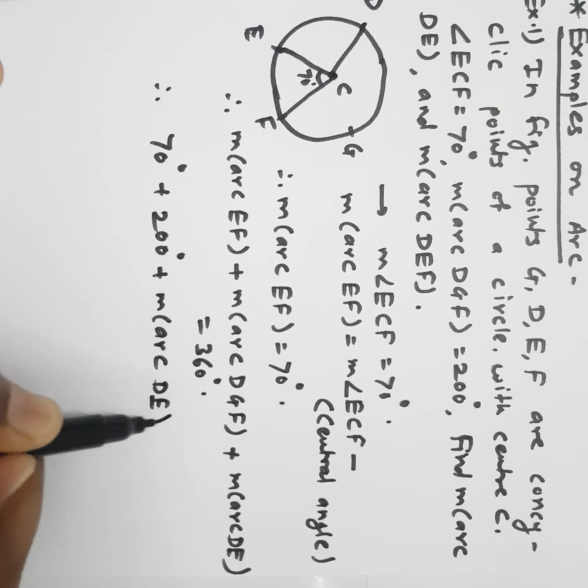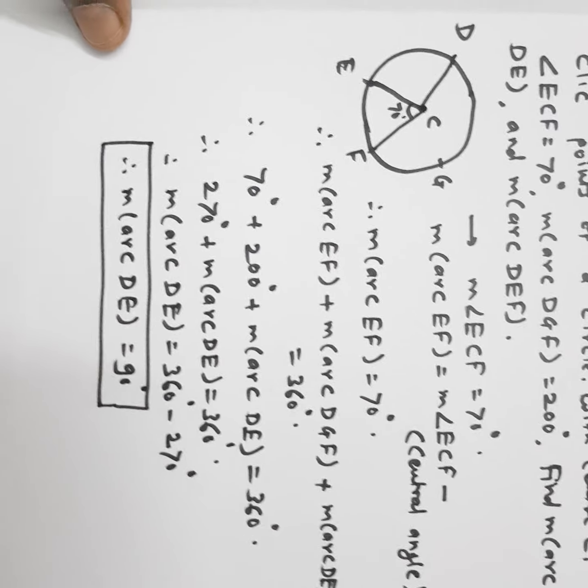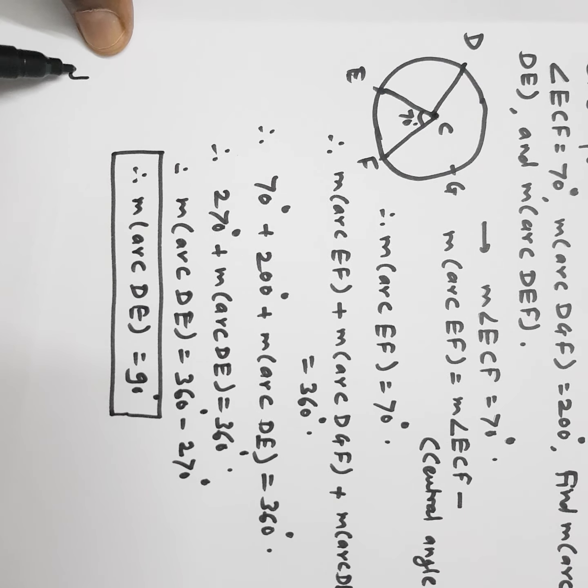Then the second thing we have to find is the measure of arc DEF. In the figure, the measure of arc DEF is equal to the measure of arc DE plus the measure of arc EF.